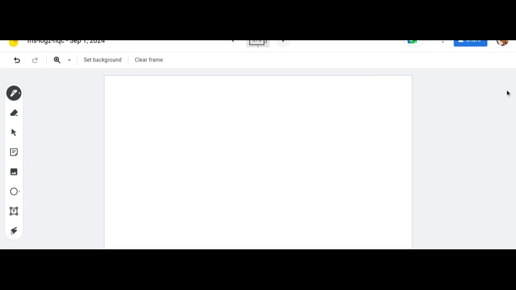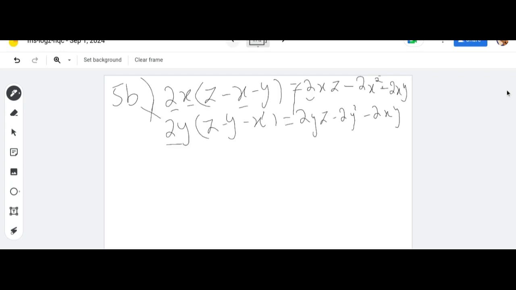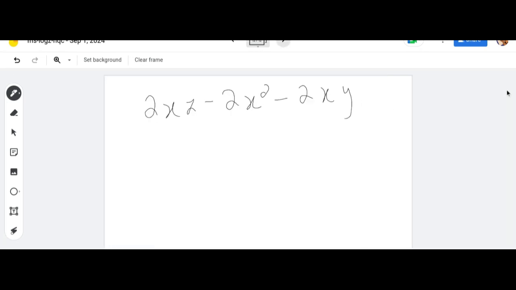It will look like this: the first expression is 2xz minus 2x square minus 2xy. In the next expression, I have the term 2xy, which is equal to this one, so I have to place it below.